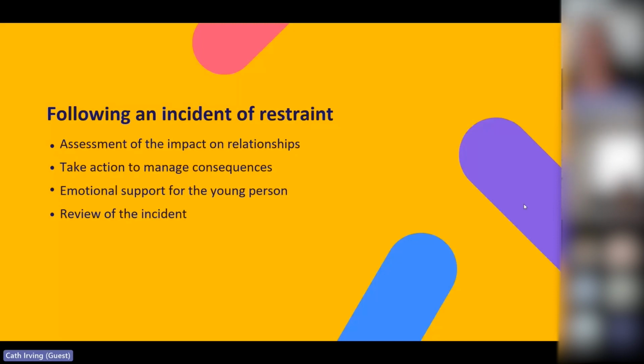Re restraint, we've discussed and decided we prefer to avoid this altogether. Is there a requirement to allow this for safety purposes, or are we okay to hold the position? So this is a question that was coming up the other day, and we are seeking further clarification around this, because we understand some settings do have a no restraint policy in place.